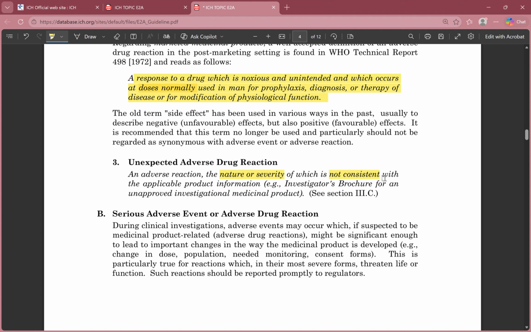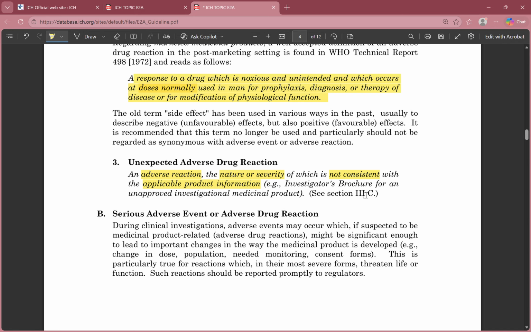Not consistent with what? With the applicable product information, right? And it is an adverse reaction. So majorly we are talking about an adverse reaction whose nature or severity is not consistent with the applicable product information. Now what this applicable product information is, that is the major question here.